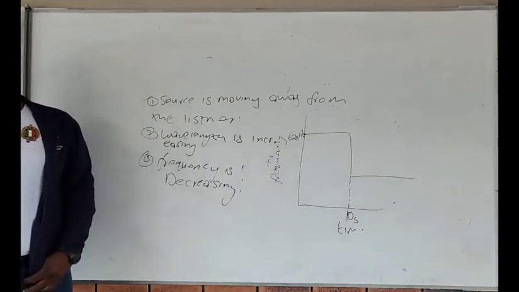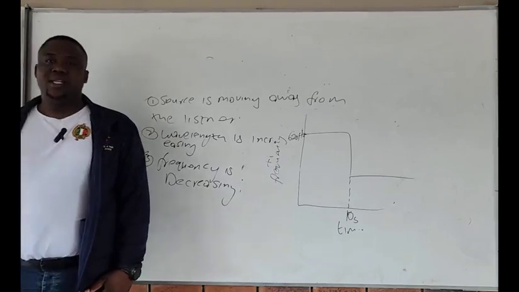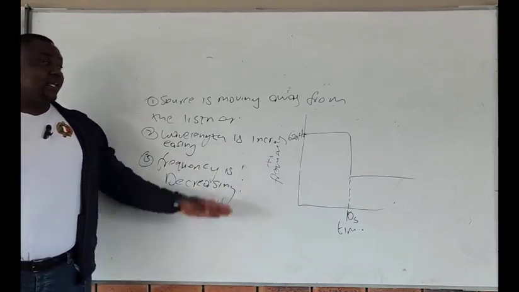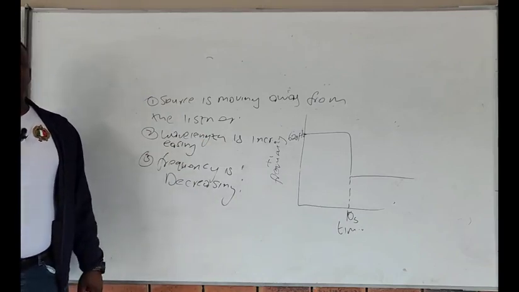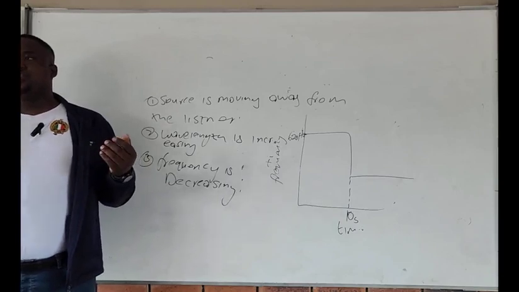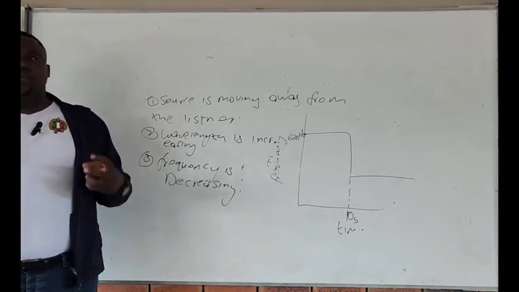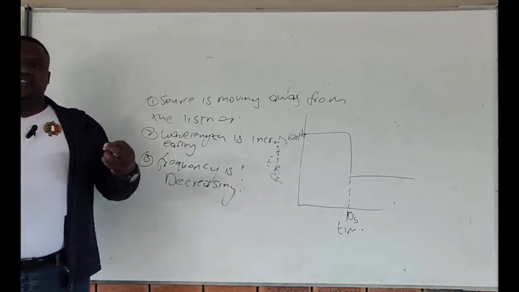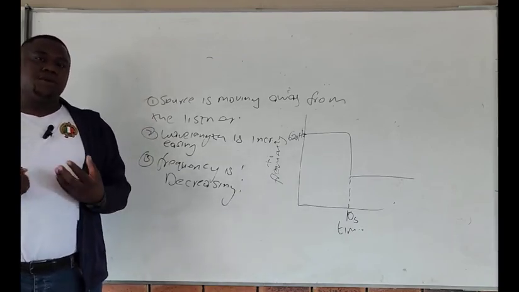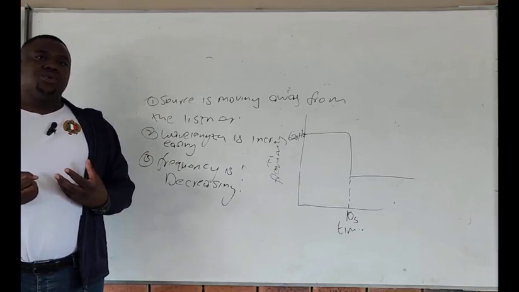So that is what is happening in the scenario of that graph. If ever you are requested to explain, you need to be able to relate wavelength and frequency. When wavelength increases, then the frequency is going to decrease.